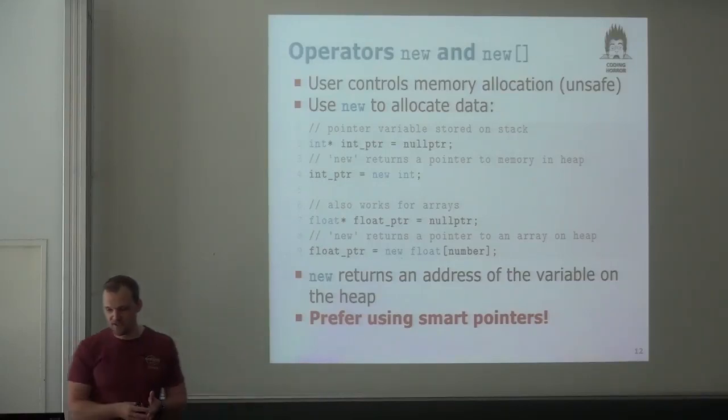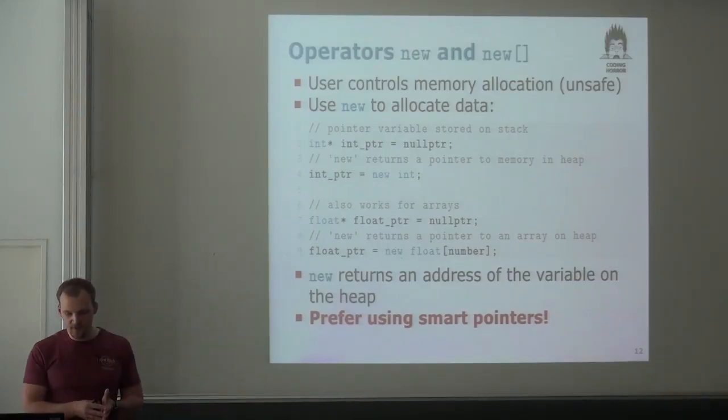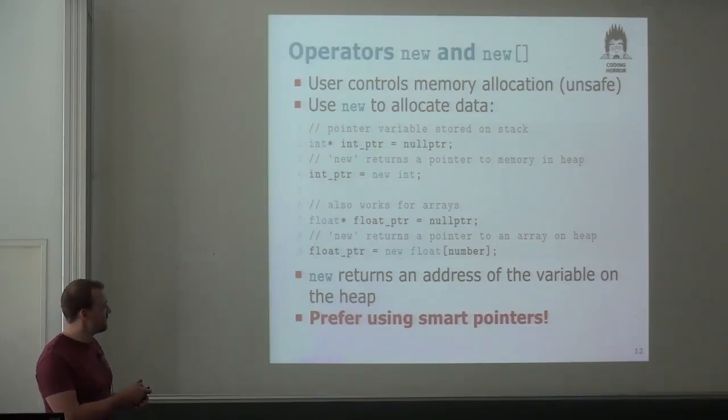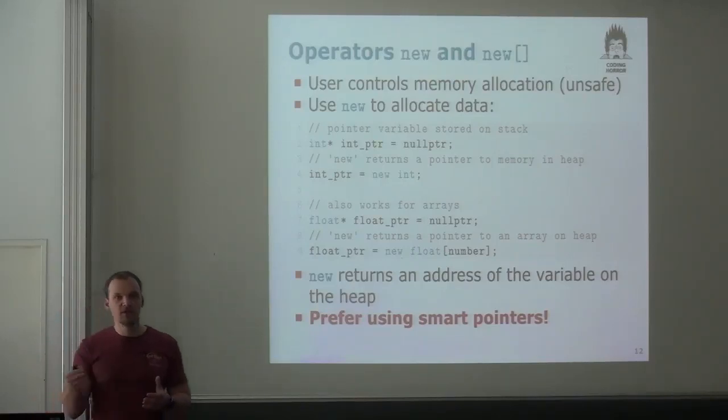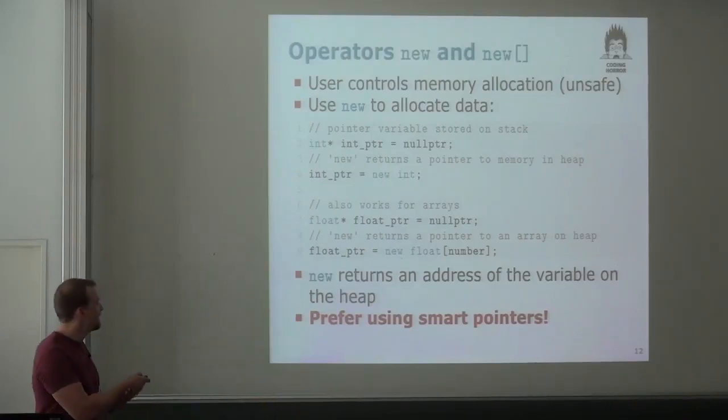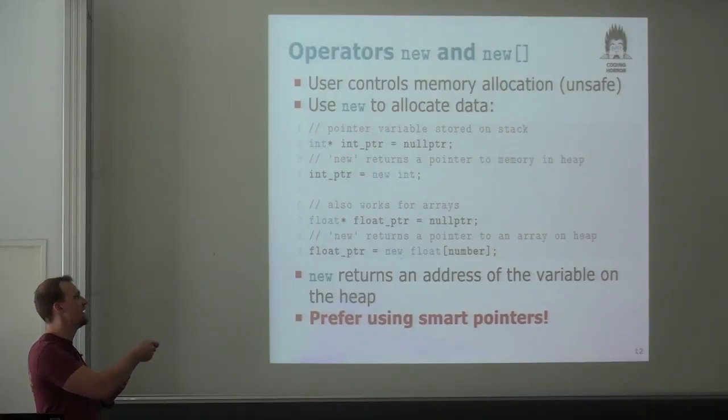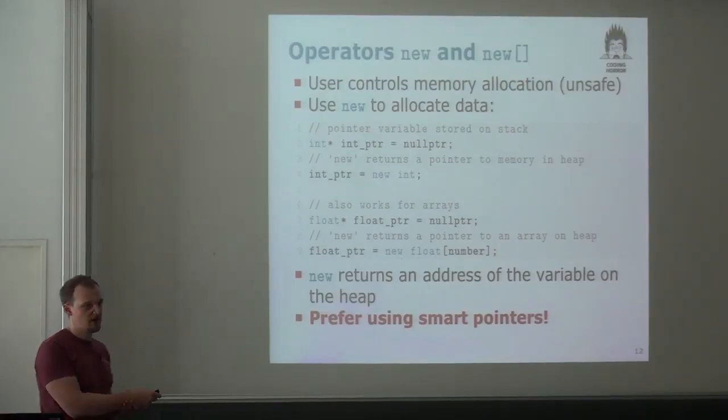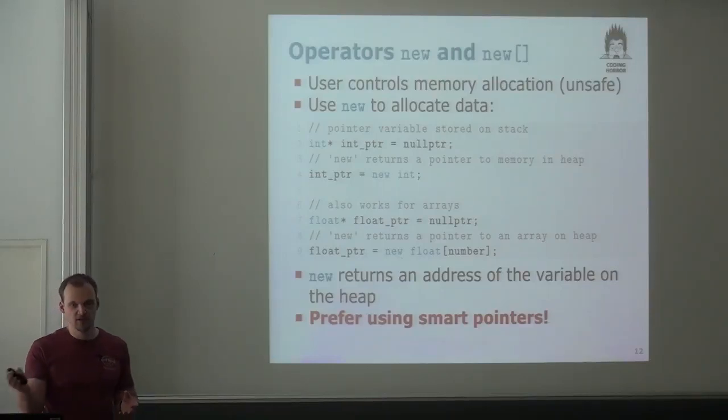And the issue is that you can use new to create memory on a heap. What you do is you create a pointer, so this pointer lives on a stack, and you set it to a null pointer, which is just some address that you cannot dereference, so it's nothing.